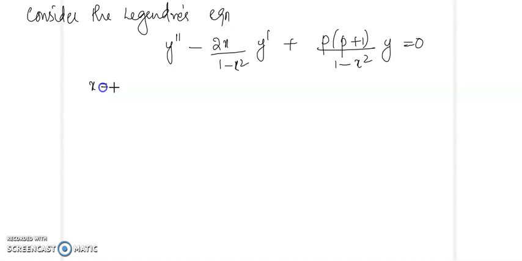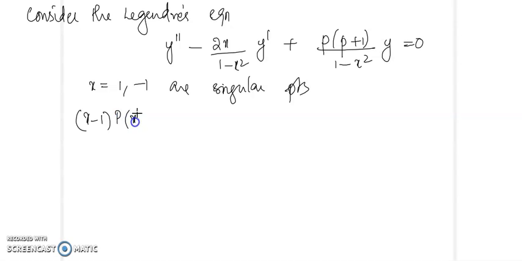So clearly the points x equal to 1 and minus 1 are singular points. Now we will check the nature of the point x equal to 1. When you take x minus 1 into p of x, you will get plus 2x by x plus 1.